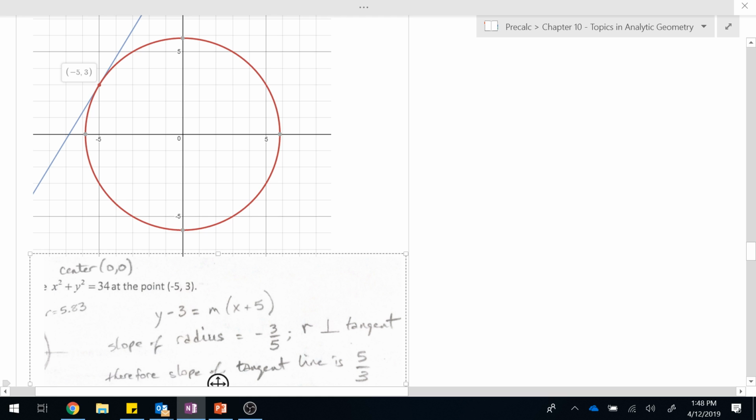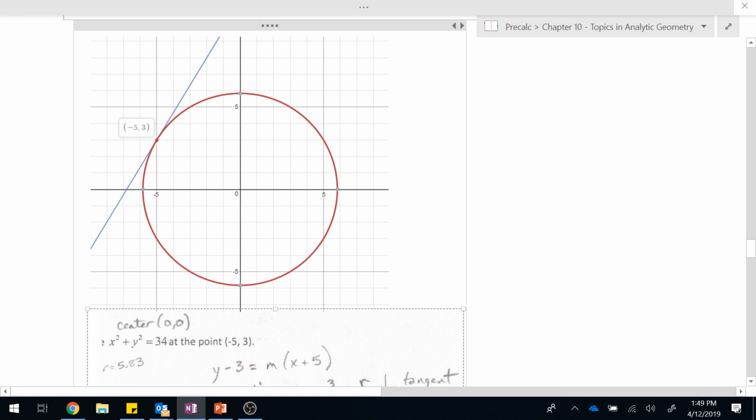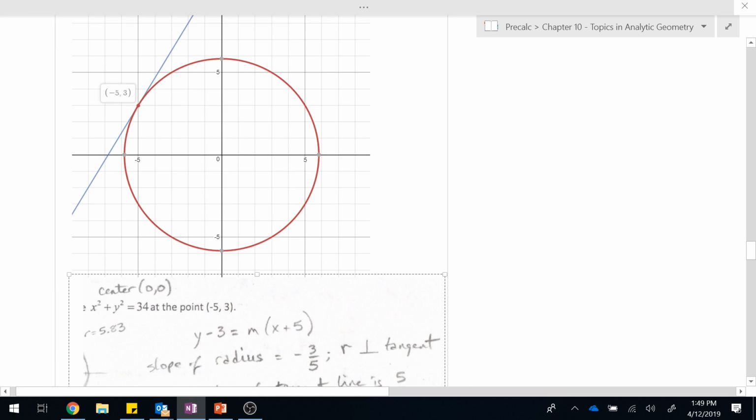It's perpendicular to the tangent. I want the slope of this. But if I have this, which is negative 3/5, I just know that the opposite of the reciprocal, which is going to be 5/3, will give me the slope. That's the slope of the tangent. All right. Any other questions on the homework? Okay.